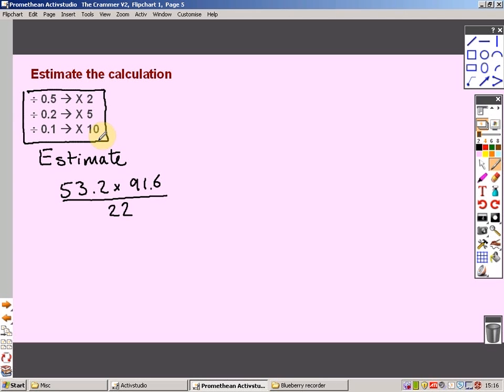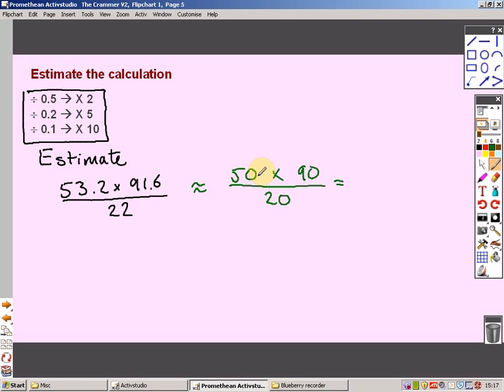Then it's very straightforward. When we're estimating, and here's a question here, this calculation, we always go to one significant figure for each of the numbers in question. So 53 is nearest to 50. 91 will be nearest to 90. They're being times, and 22 is nearest to 20. It's approximately that.